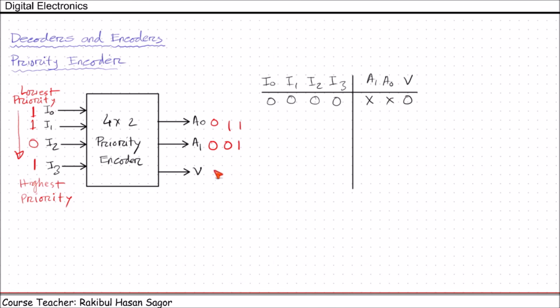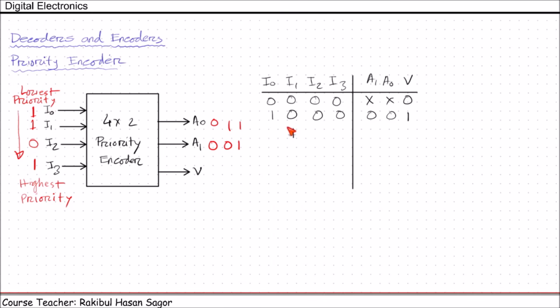The V output should be 0 to show that the output appearing here is invalid. Now when we have I0 equals 1, I1 0, I2 0, I3 0, then it must produce 0, 0 and the output will be valid. That's why V equals 1.